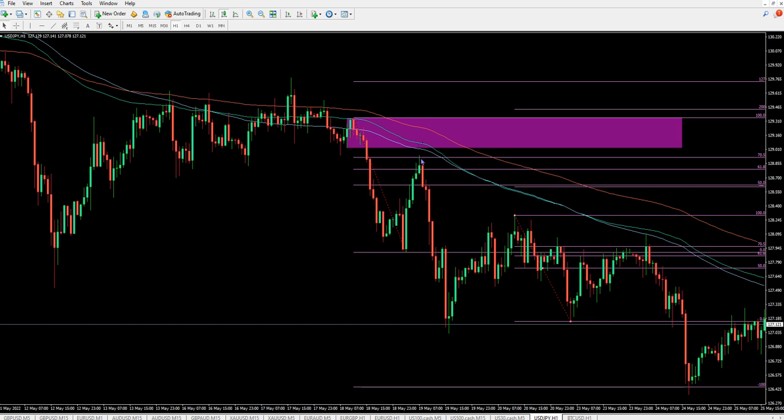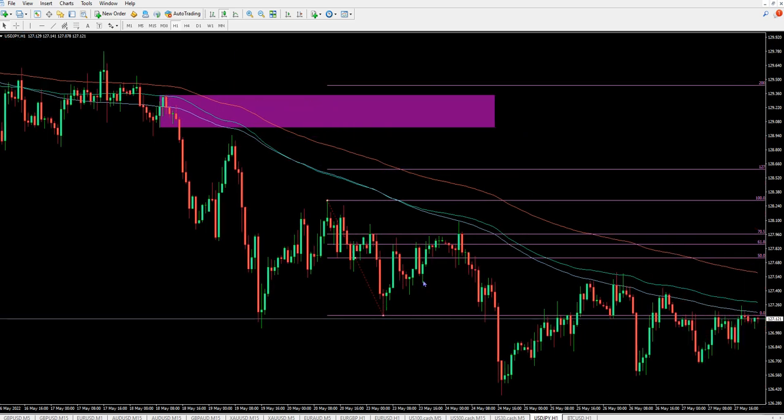And so you need to figure out for your trading strategy if that's a trade you want to take. So this is, again, one of the ways you can use moving averages.